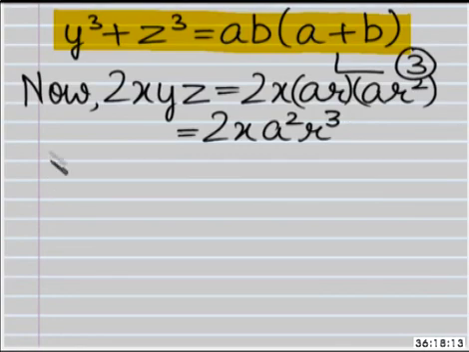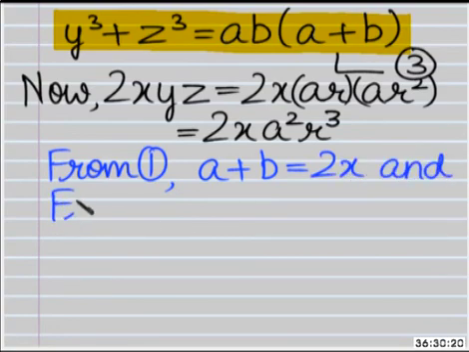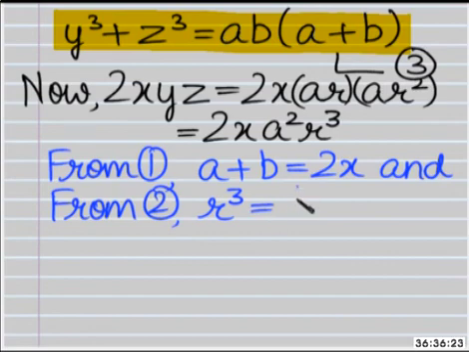Now, as from equation number 1, we have a plus b is equal to 2 into x, and from equation number 2, we have r raised to the power 3 is equal to b upon a.